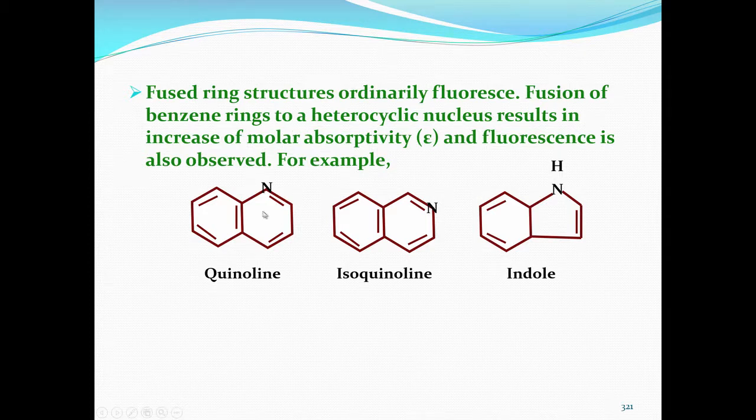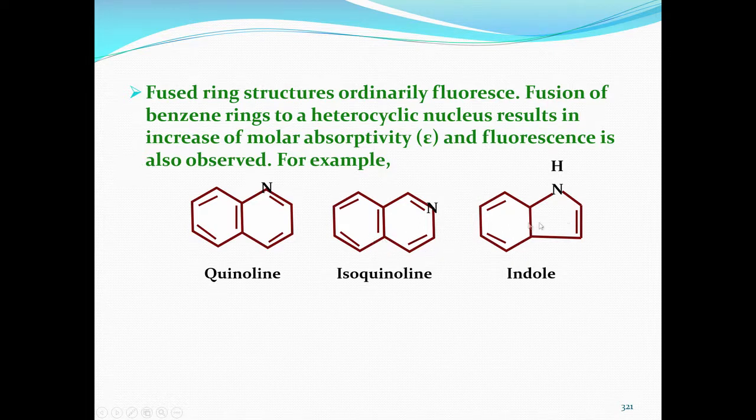See, there are two fused rings and all the bonds are conjugated. There is one nitrogen here. In isoquinoline the structure is slightly different, but again you can see the conjugated double bonds.